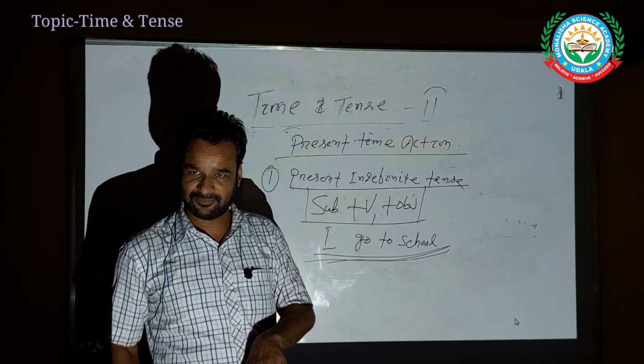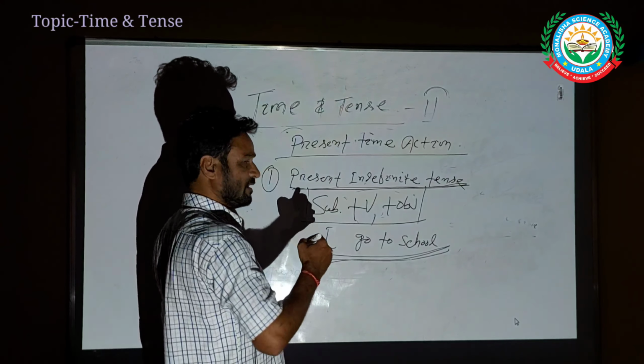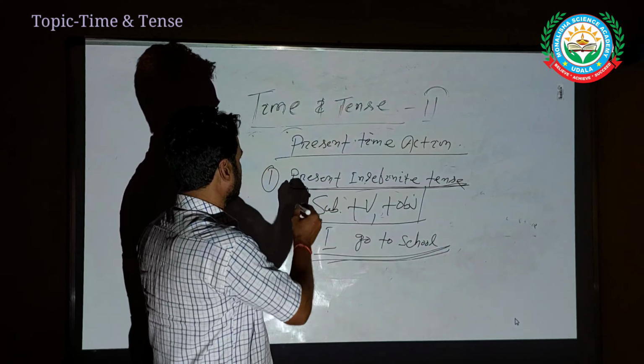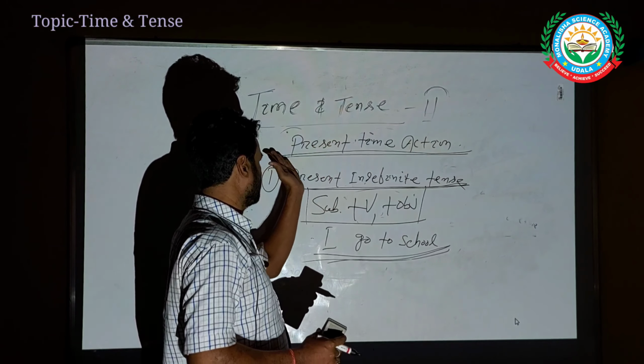In the next classes I would explain in detail the different elements and points that can be covered under this present indefinite tense. But in today's class let me tell you which tenses are taken into consideration when expressing a present time action.